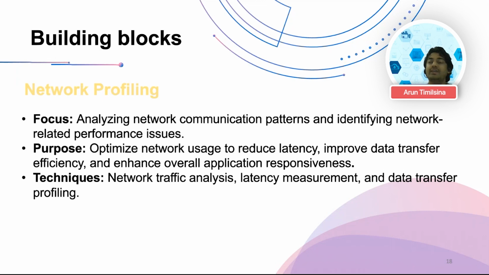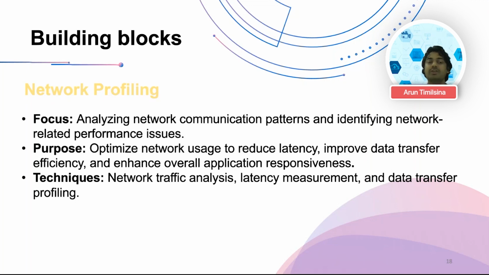Okay, the next thing we have to focus on is network profiling. Since modern applications communicate with different subsystems or applications, at any point we have to determine the network communication pattern and network related performance for that particular piece of code.